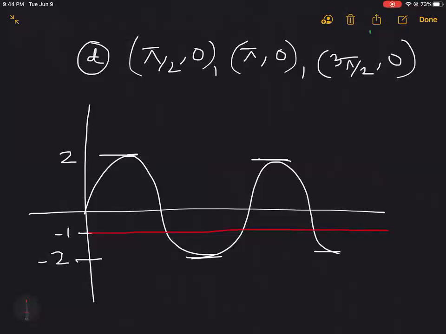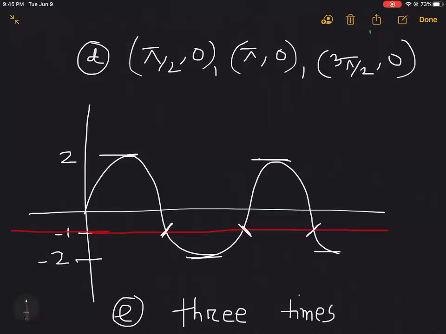So this y equals -1 is parallel to the x-axis, and it goes through this -1 point on either side, okay? So the question said how many times this has intersected our curve. So you can actually eyeball it. It has intersected our curve here, here as well, and here. So the answer is 3 times. Okay.